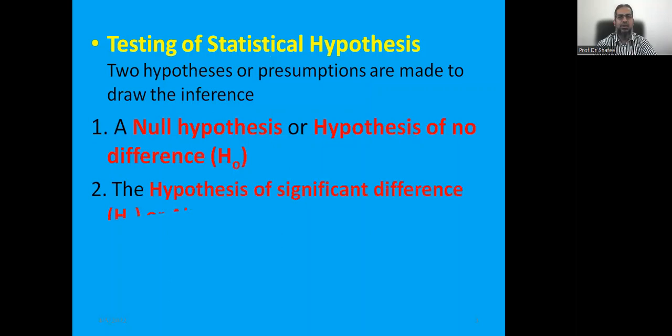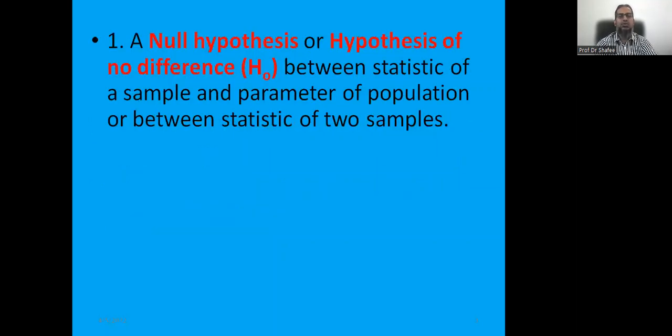There are two types of hypothesis whenever we want to test a hypothesis. If you plan any research project, first you need to develop the hypothesis. First type is null hypothesis or hypothesis of no difference, and second is the hypothesis of significant difference or alternate hypothesis. What do you mean by null hypothesis? Null itself indicates zero or no association.